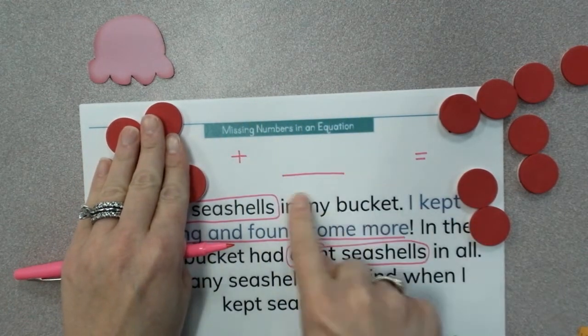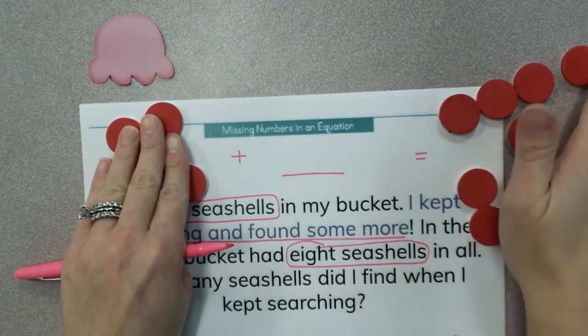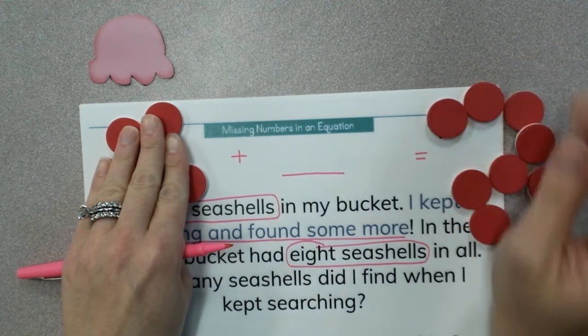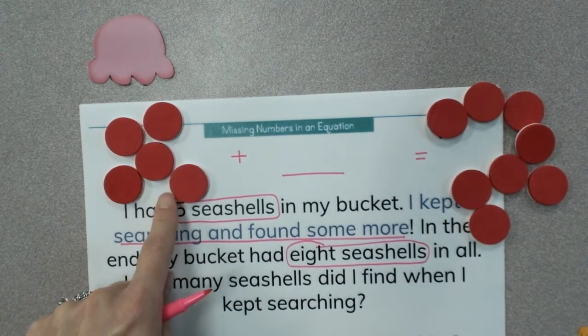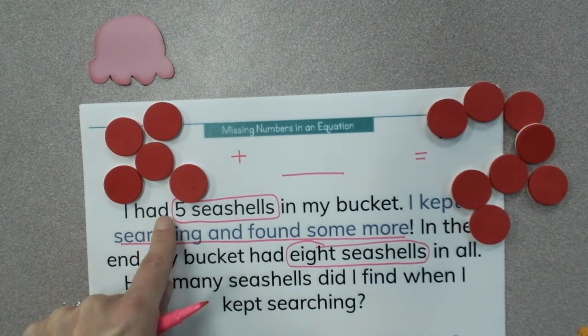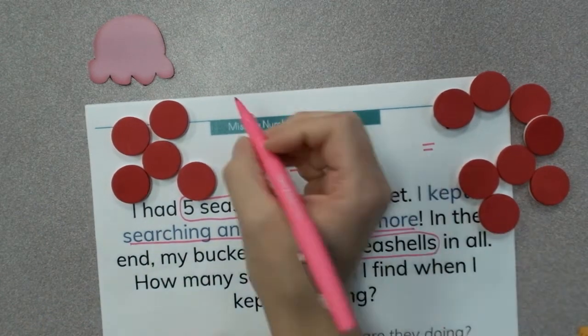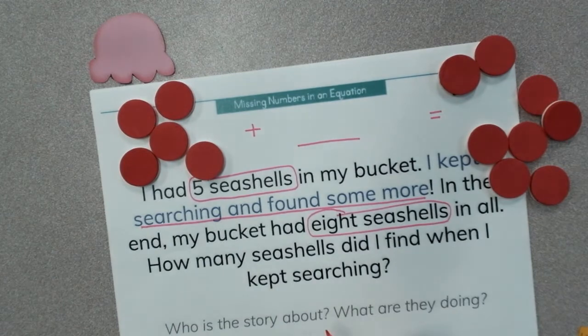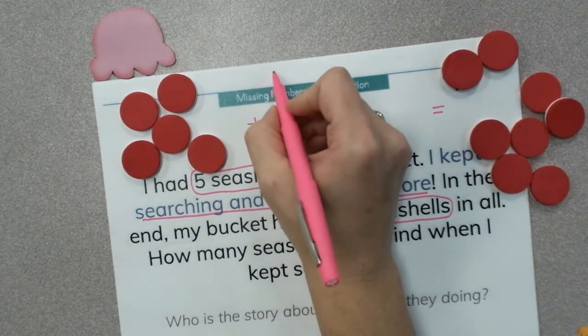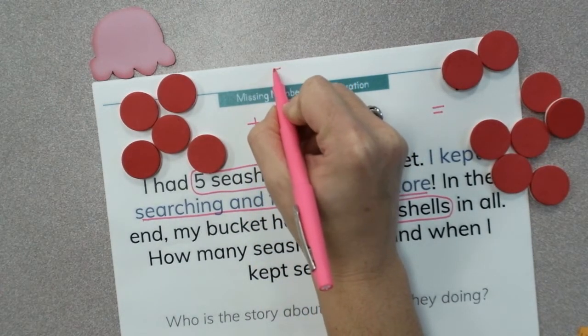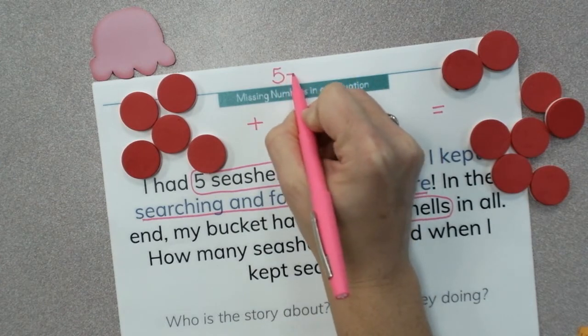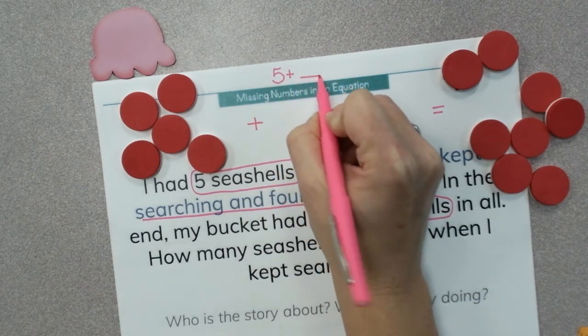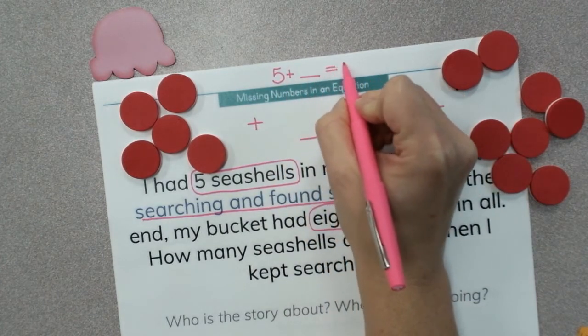I'm going to need to add some more to get me to 8. So let's write our number sentence. We're going to write our number sentence up here. So I had 5 plus, I'm not sure how many, but it's going to get me to 8.